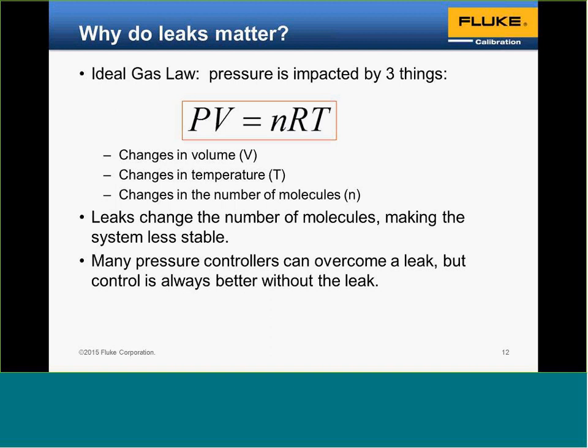So it's all working to combat the changes in any of these variables, in the volume of the system, in the temperature of the system, or in the number of molecules. A change in the number of molecules will make the system less stable. Pressure controllers can overcome a leak of some magnitude, even large magnitudes. But control is always going to be better without the leak in the system.